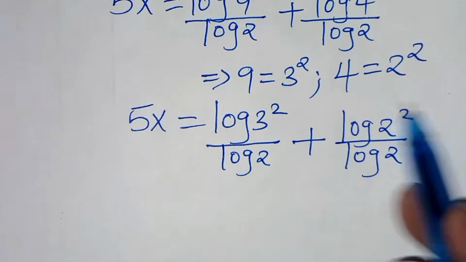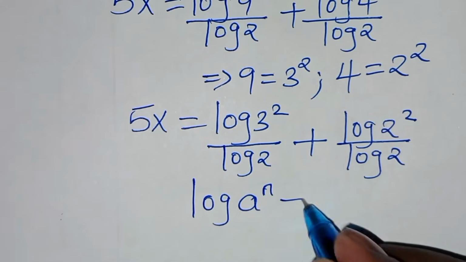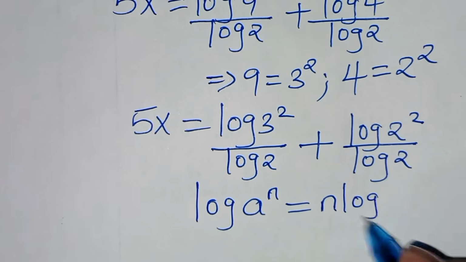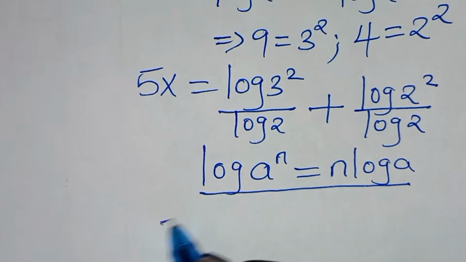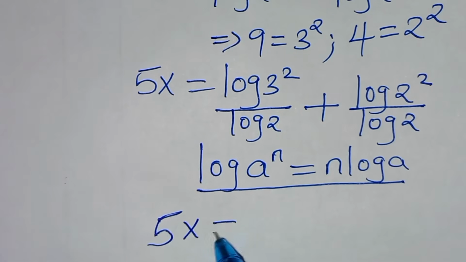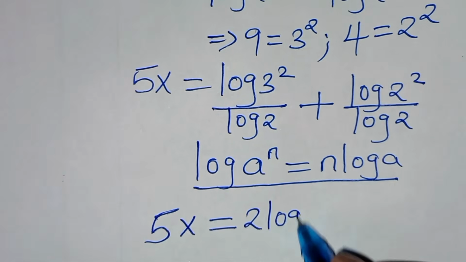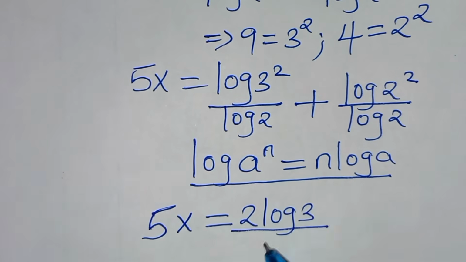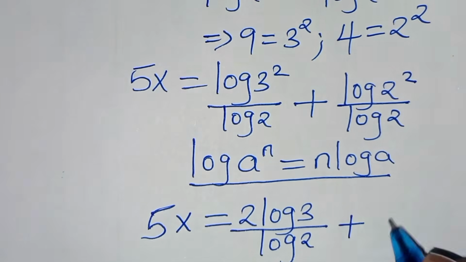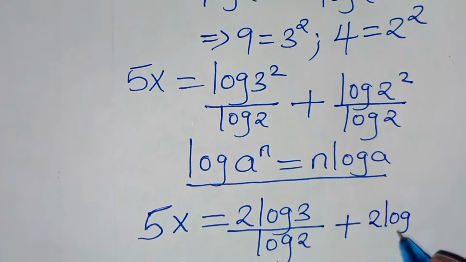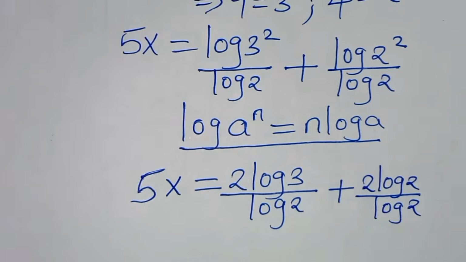Now, log 2 to the power 2 is in the form of log a to the power n, which we can express as n log a. Applying this power rule property again, here we have 5x. This is equal to log 3 to the power 2 becomes 2 log 3 divided by log 2, then plus log 2 to the power 2 becomes 2 log 2 divided by log 2.